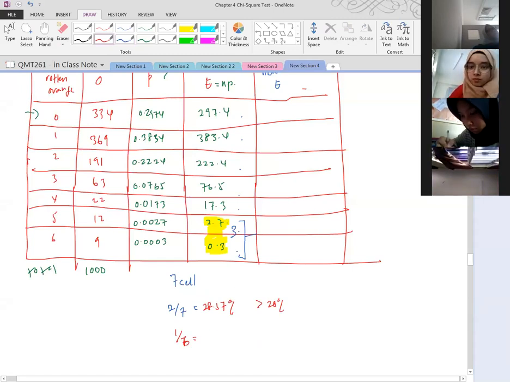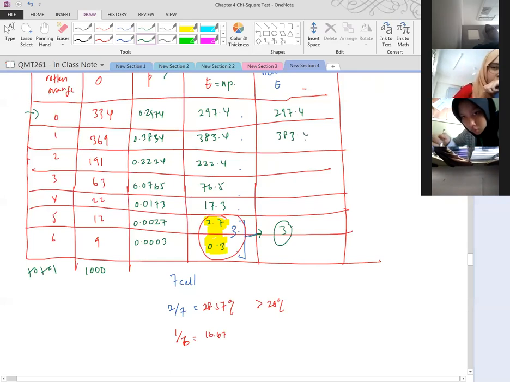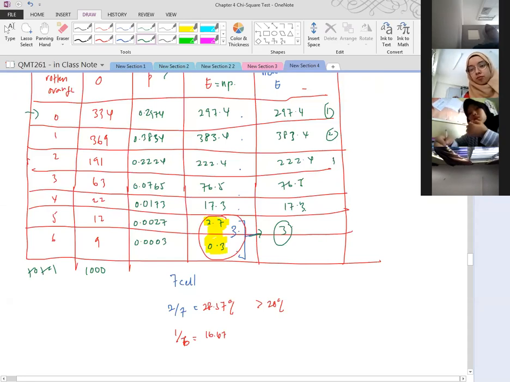So if we combine these two cells to become 1, it becomes 3, right? And then we only have 297.4, 383.4, 222.4, 76.5, 17.3. So now we have only 1, 2, 3, 4, 5, 6 cells.